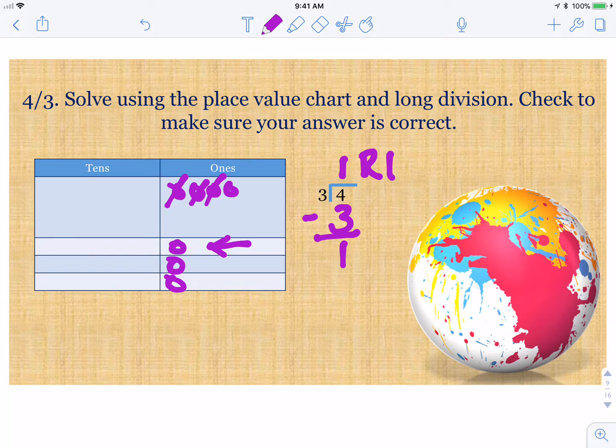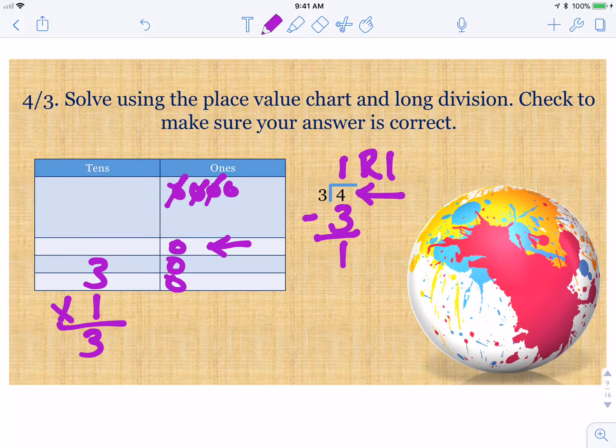Remember, we just said the quotient multiplied by the divisor should give you the dividend. So we have 1 times 3 is 3. That's interesting. That did not give us that answer right there.